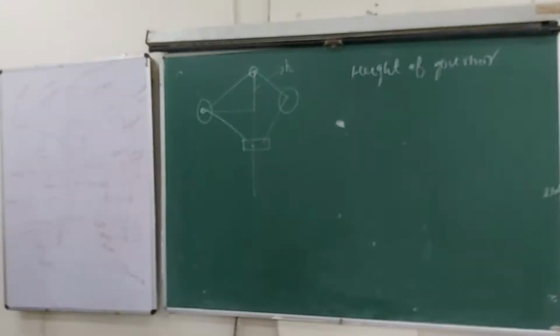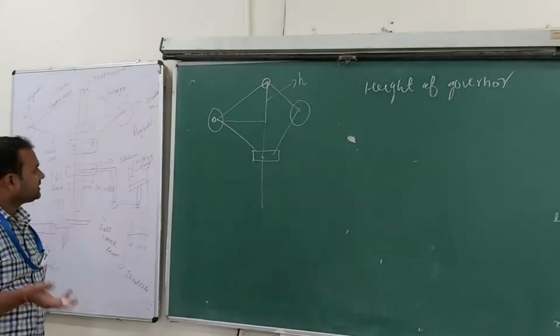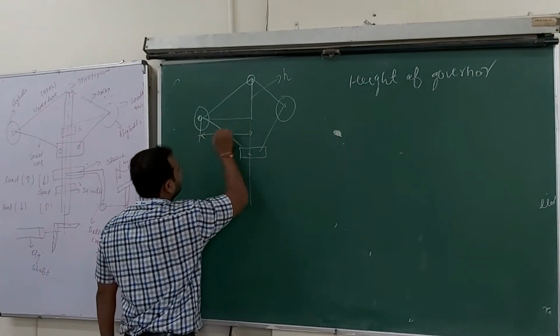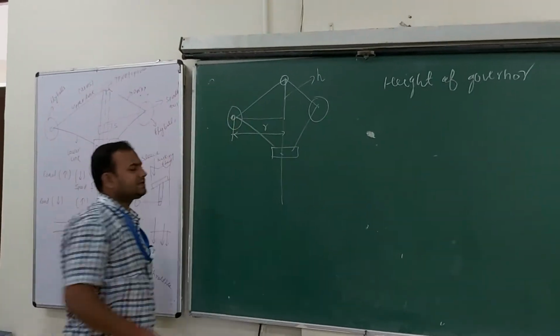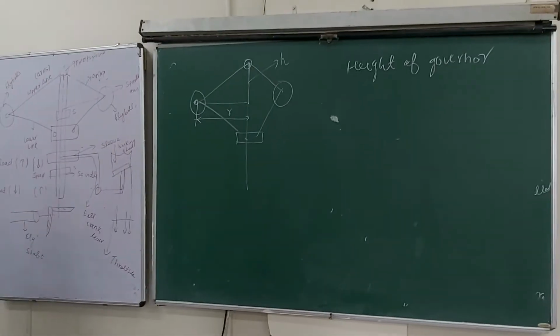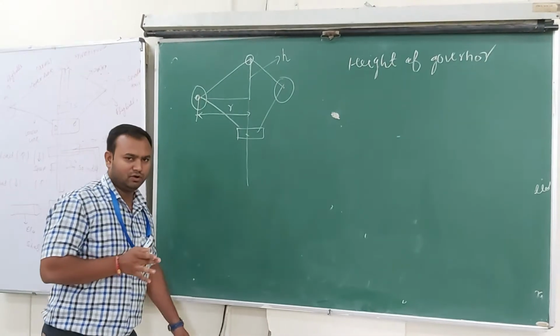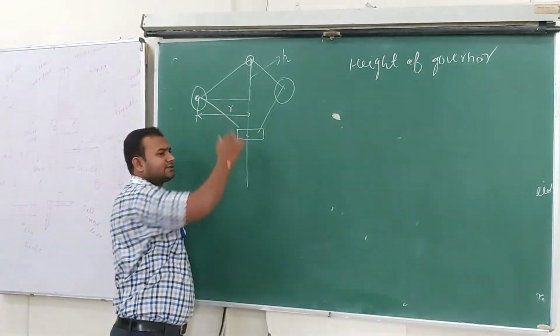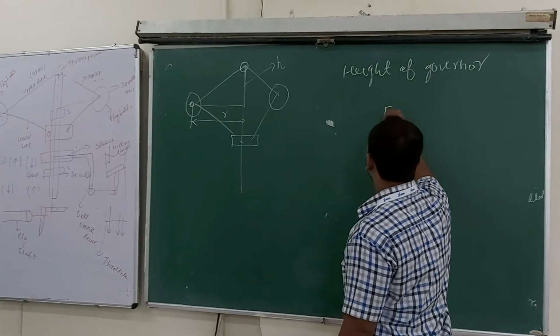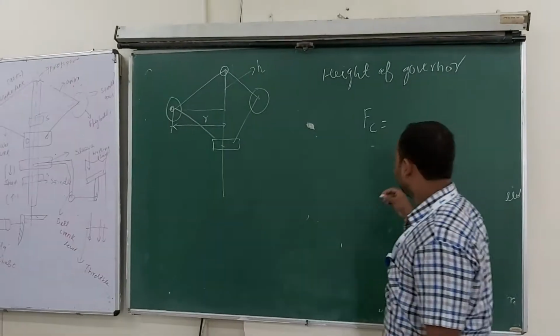Next, what is the radius of rotation? This is the horizontal distance between the spindle axis and the CG of the fly ball. The value of centrifugal force depends on it.